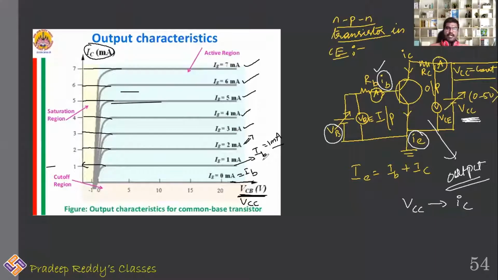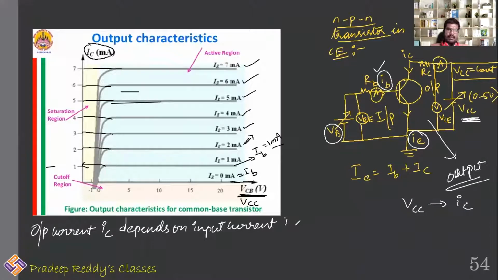So from this output characteristics, we can clearly understand one thing. The output current is the collector current. That collector current depends upon IB rather than VCC. So output current IC depends on input current IB, because IB is variable, IC is varying.